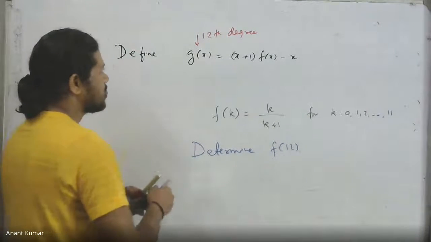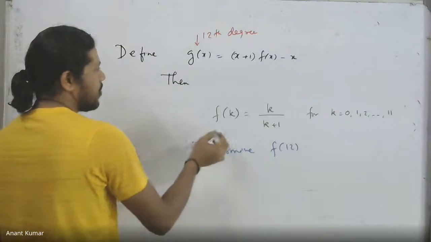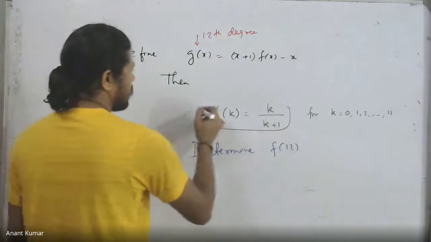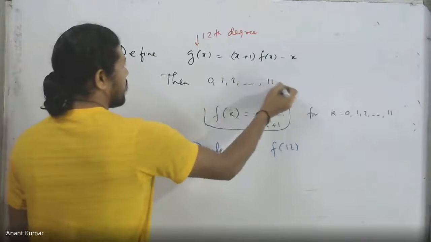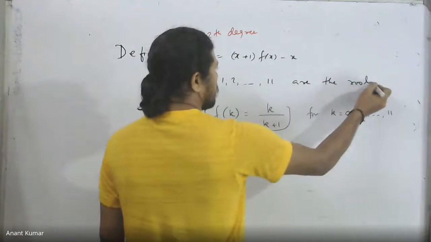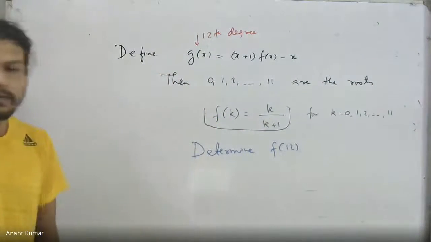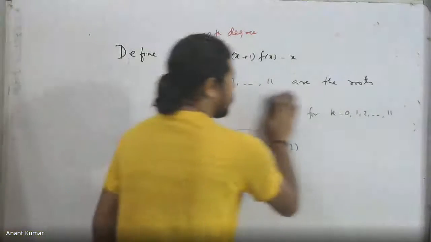So I can say that, due to this given expression, 0, 1, 2 till 11 are the roots of this particular polynomial. And you notice that there are exactly 12 of them.